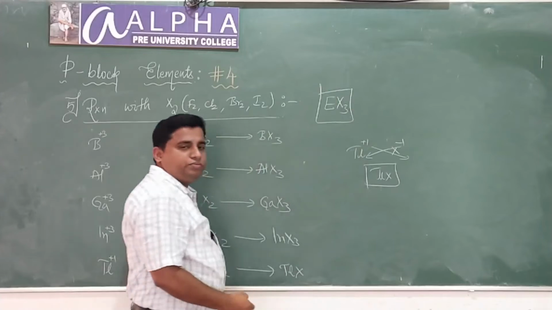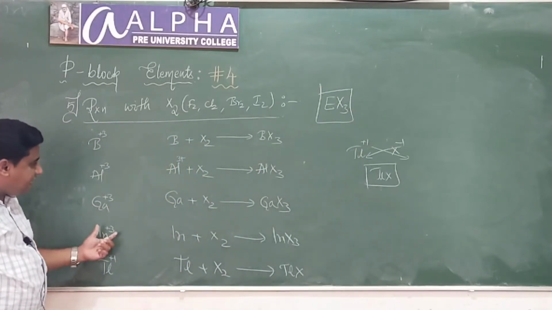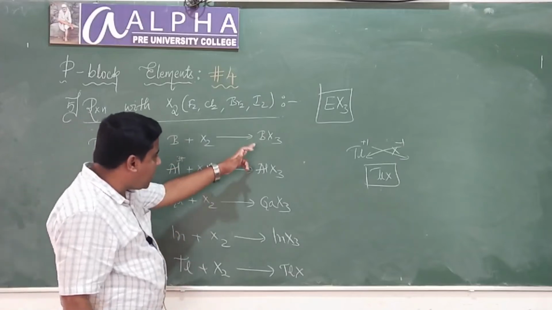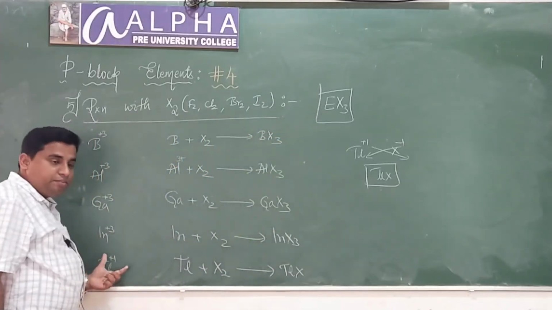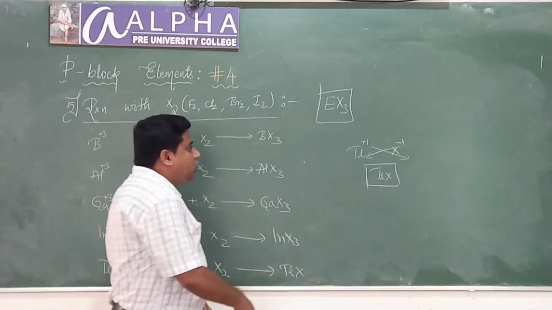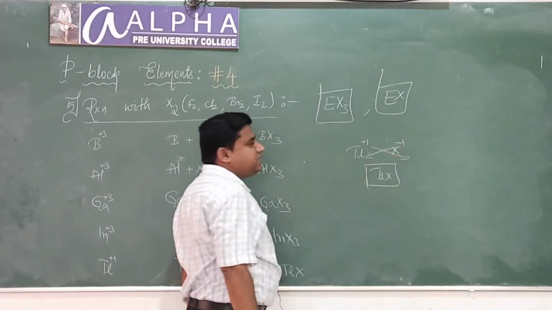From boron to indium, these elements react with halogens to form halides of the type what? EX3, whereas thallium reacts with halogen to form halide of the type what? EX. Are we clear?